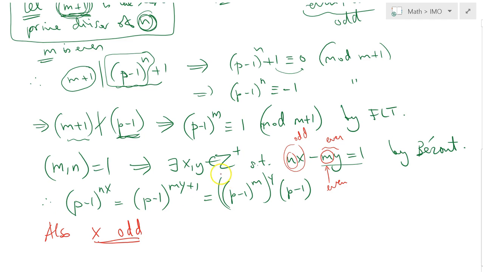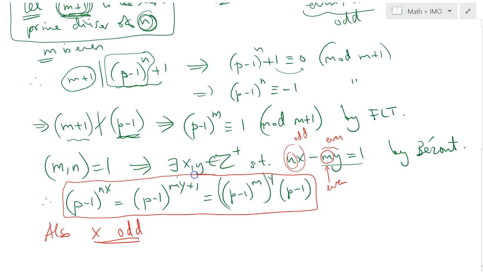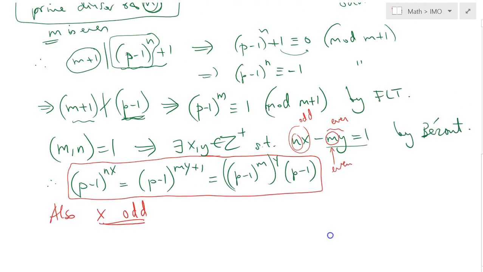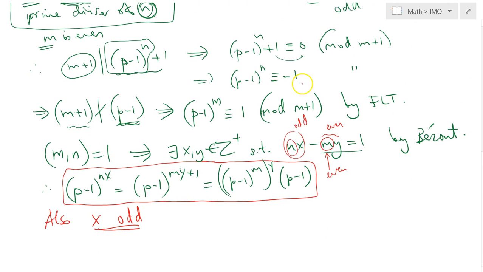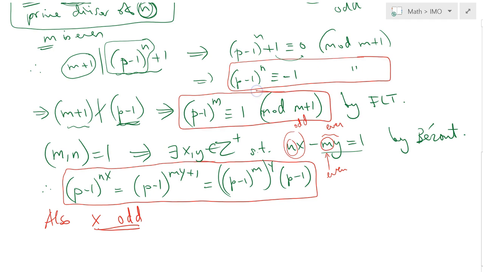Now I will consider this expression here. I will take the mod m plus 1 of both sides of this expression. For the left hand side, we have already established two important results, namely this one and this one. So if I take the mod of the left hand side, I can write it as p minus 1 raised to the n, raised to the x power.